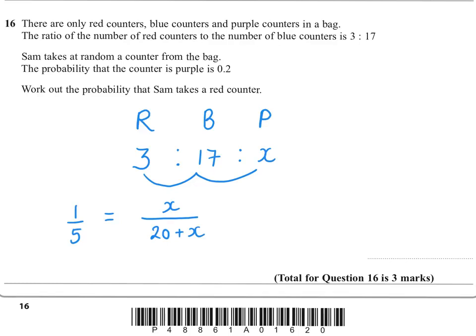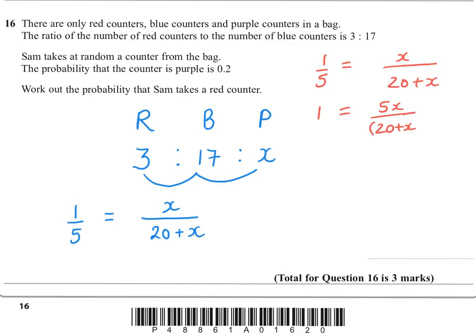So what I would do is, I'm just going to write this out here so we've got plenty of room. You could find the reciprocal of both sides, but I think what I'll do here is I'll times both sides by 5. And then both sides by 20 plus x.